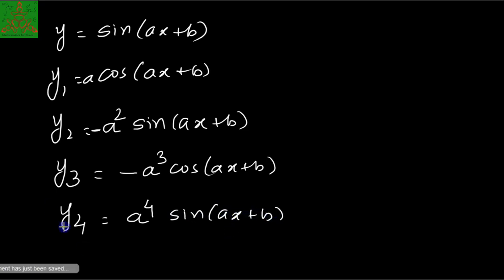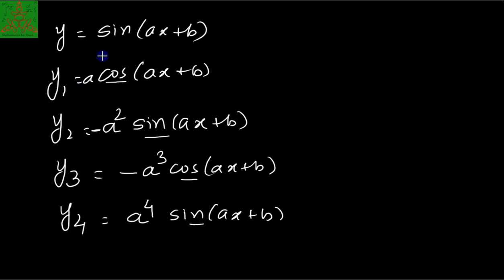And then if you do the fifth derivative, it will again be a sine function, but a power 5 will be there. So ultimately, what is happening here is that cos changes to sine and sine to cos each time you differentiate, and the negative sign also changes after every fourth time.